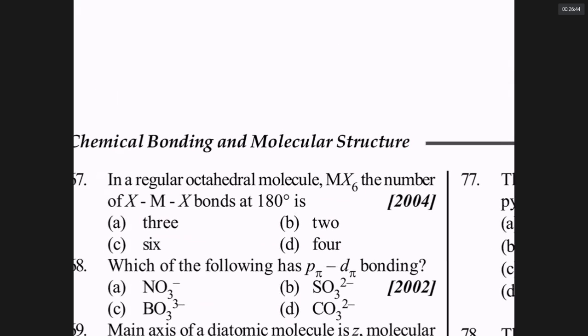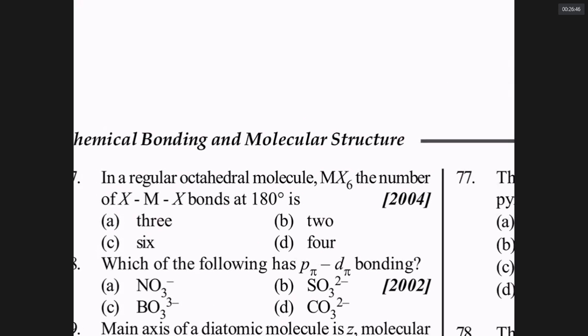In a regular octahedral molecule MX6, the number of X-M-X bonds at 180 degrees. How many bonds are at 180 degrees? You have to see the octahedron, man. In octahedron, how many bonds are at 180 degrees? Is it 3?